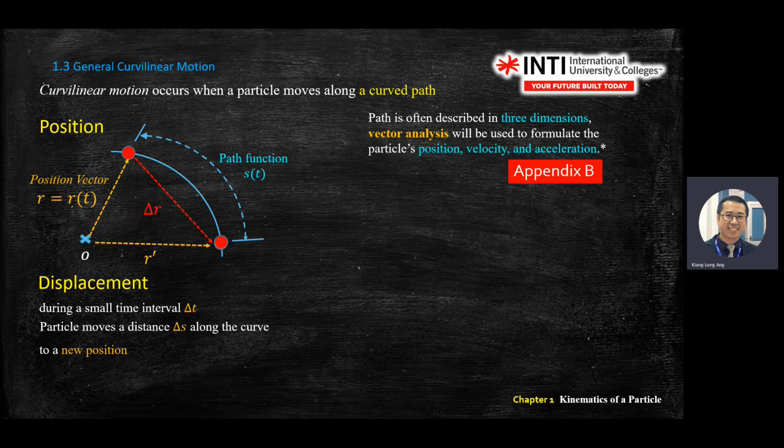From a straight line, you know this is a vector. The orange arrow is a vector. Vector 1, vector 2, you combine the two vectors and you get the resultant vector delta r. Again, if you forget what a vector is, go and see Appendix B or flip your mathematics textbook and see how to find the resultant of vectors.